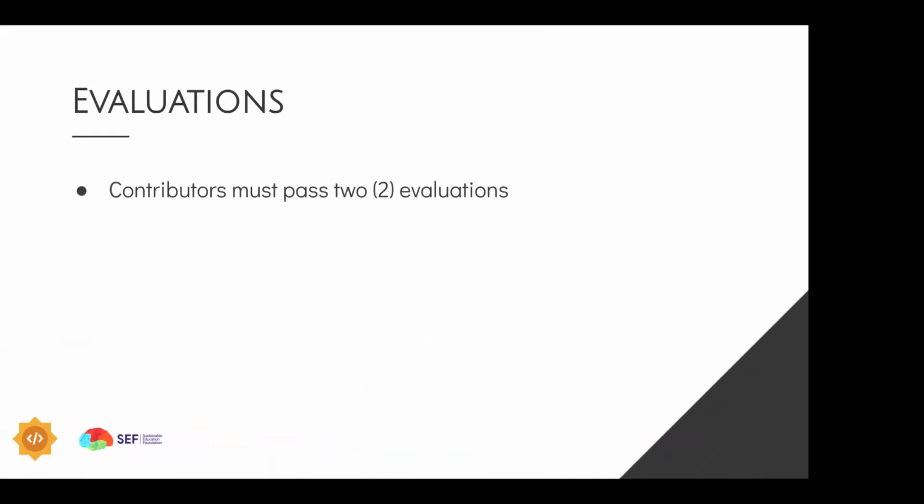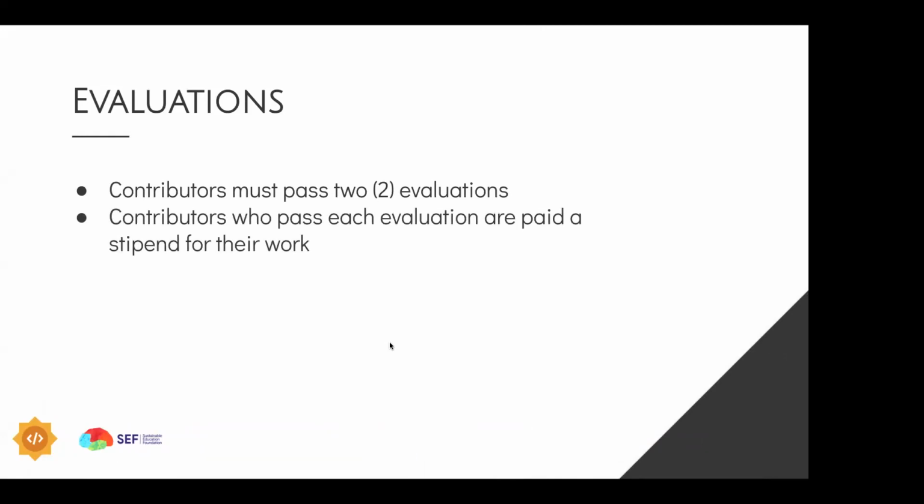Throughout your program, you will have two main evaluations. One of them is the midterm evaluation, and the last one will be your final evaluation. The midterm evaluation, as the name suggests, will be in the middle of the project, which will be the 6th week if your project is a medium-sized one. Once you pass the midterm evaluation, you will get 45% of your stipend.